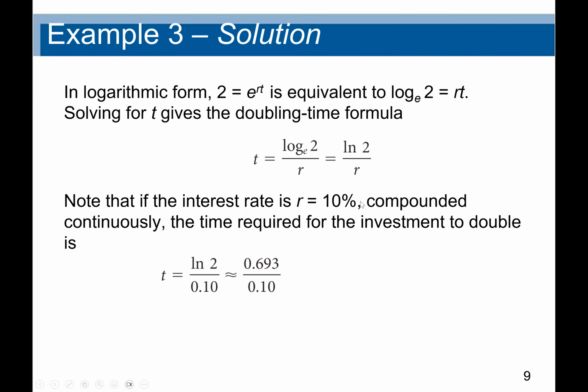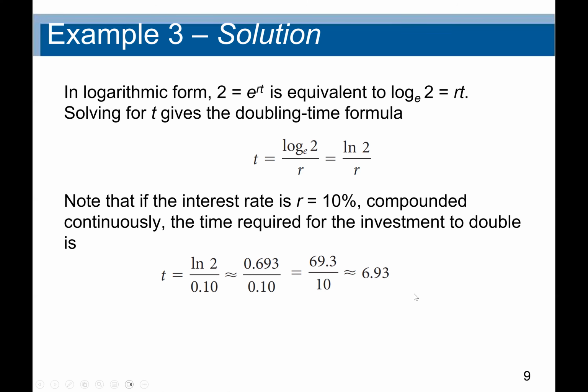If the interest rate is R equal to 10% compounded continuously, then the time required for the investment to double is natural log 2 divided by 0.10, which roughly gives us 6.93.